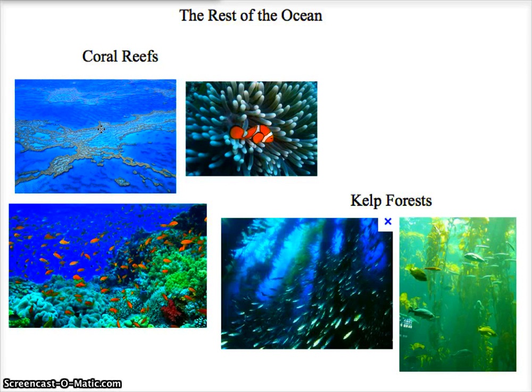Coral reefs provide protection for many different species. A large number of fish and other sea animals, small fish, big fish, and from what the book says, 25% of all ocean life lives in or around coral reefs. And they also protect the shoreline from big waves.